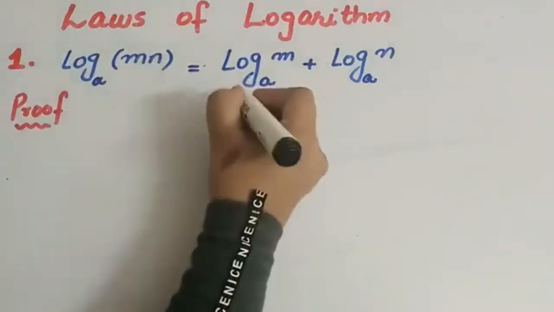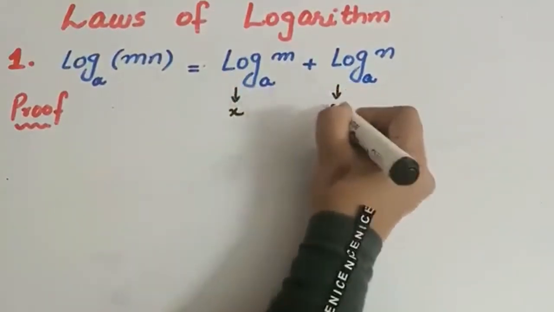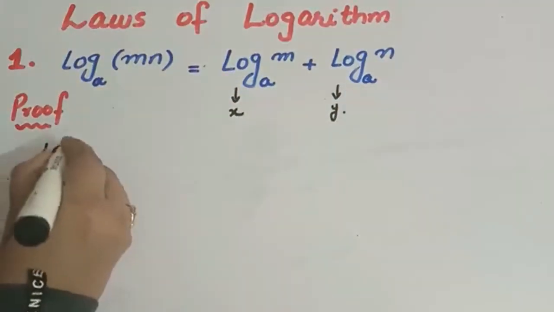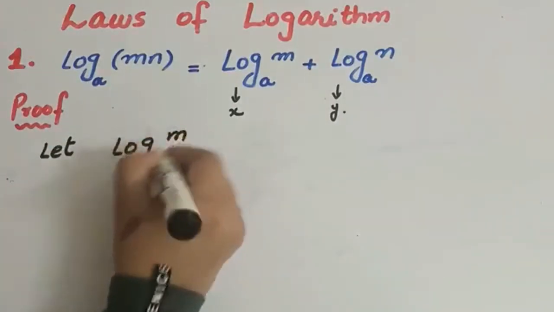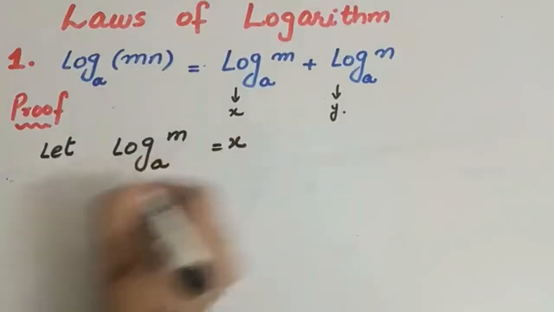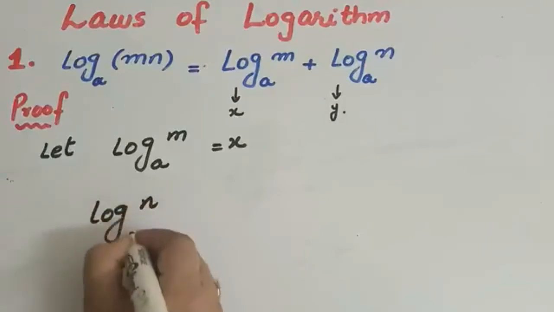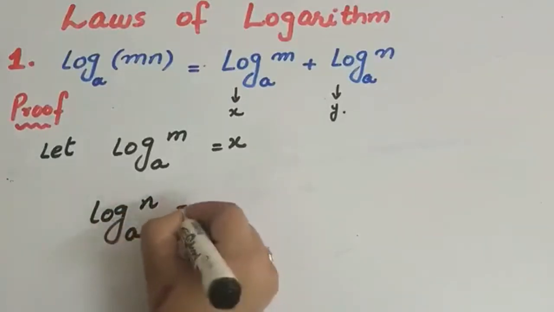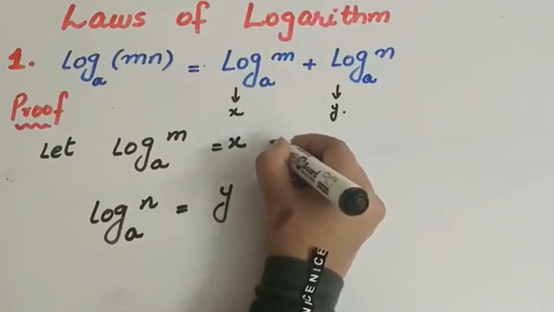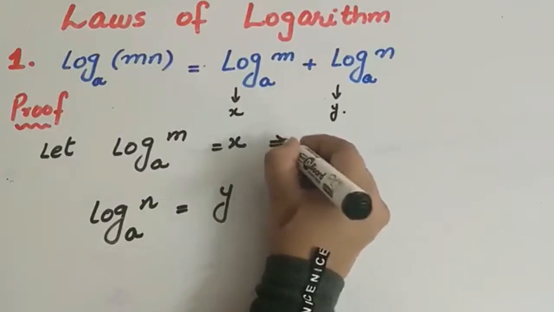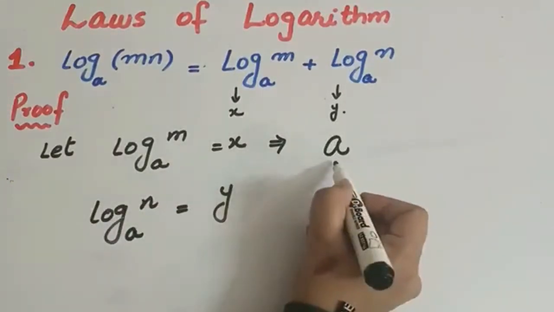Let log m to the base a be equal to x and log n to the base a be equal to y. Now convert it into exponential form. The log base and exponential base will be the same.